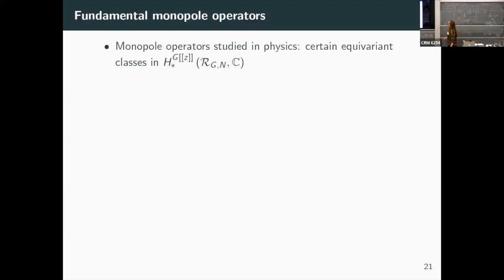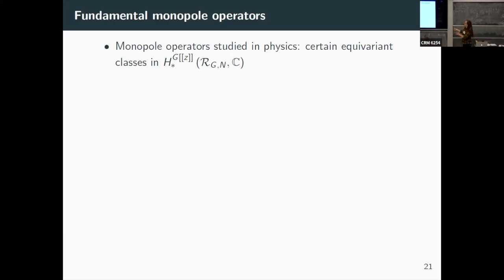So in the last 10 minutes or so, I just want to highlight the kind of idea, and also try to connect that back to reality a little bit, things that are more familiar sounding. So there's something called fundamental monopole operators. Monopole operators is a terminology coming from physics, but in mathematical language, there are certain elements of this ring, and more precisely, they're some equivariant classes of something or other.